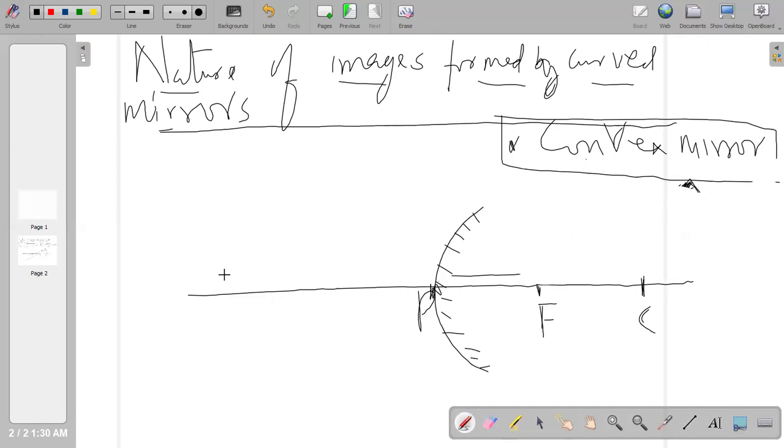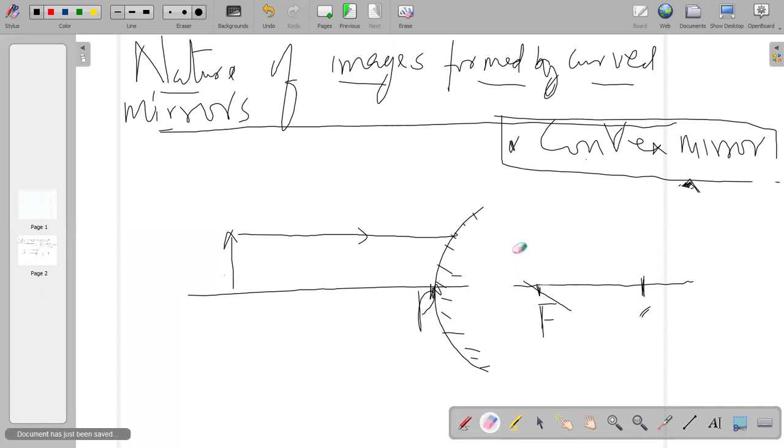Assuming the object is here, a ray hits the surface. After reflection, it appears to converge here. It's not supposed to be a continuous line because it's a virtual image.